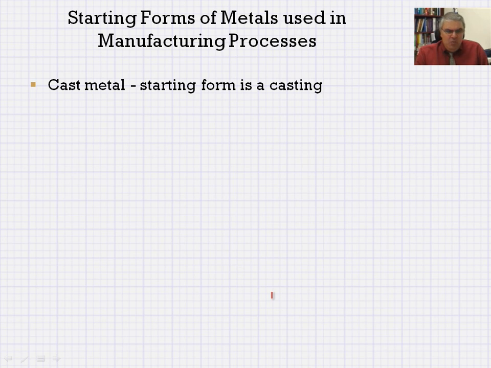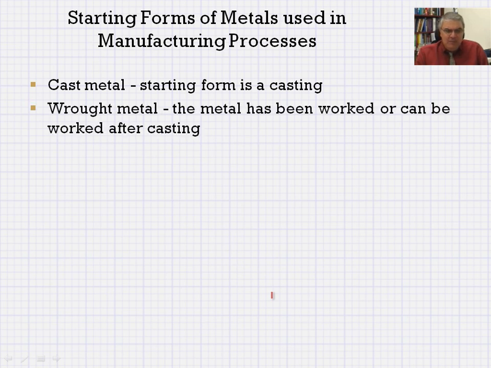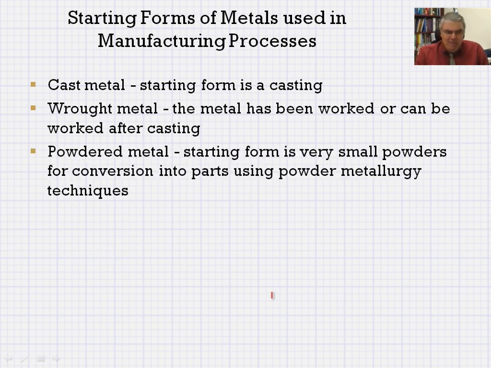So, what are the starting forms of metals used in manufacturing processes? Well, cast metal is the starting point. It's a starting form. Wrought metal and powder metal.